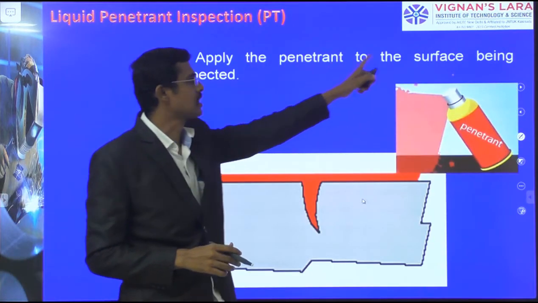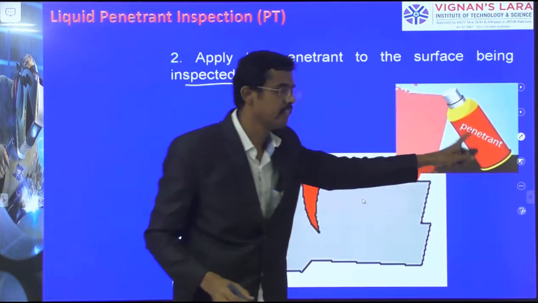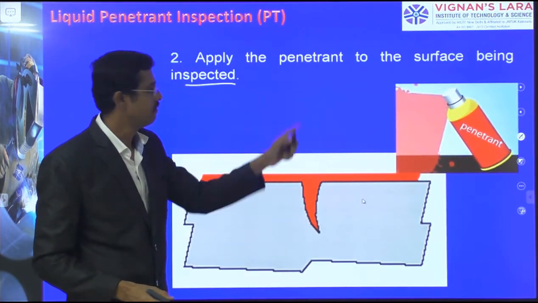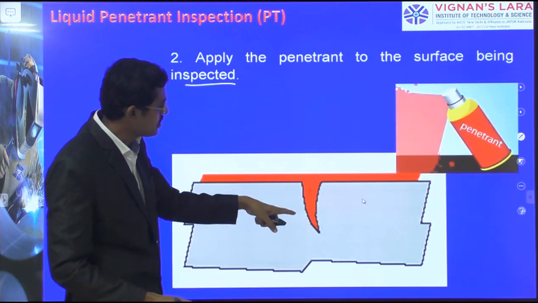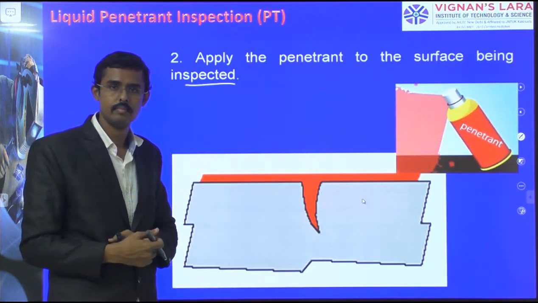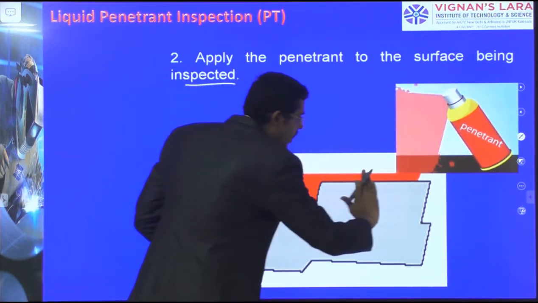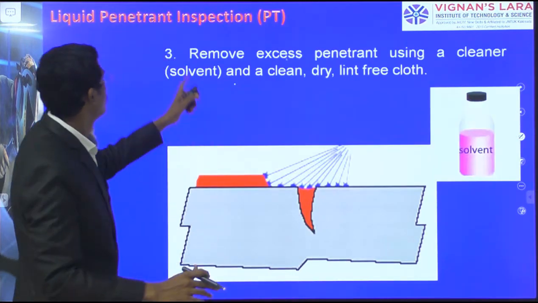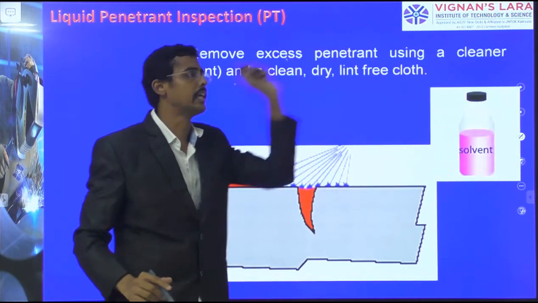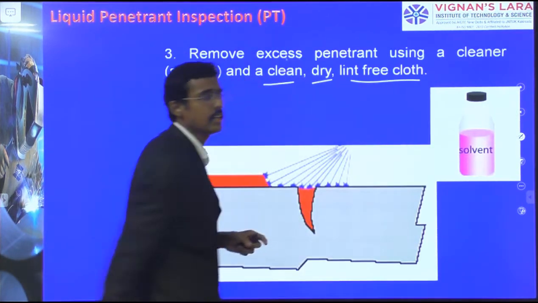Apply the penetrant to the surface being inspected. The penetrant which we are using is in red color. It is a liquid and we have sprayed it, and the liquid passes into the crack. Now it is ready. Now we want to wipe out all the remaining zones. Remove the excess penetrant using the cleaner, solvent, and a clean, dry, lint-free cloth.